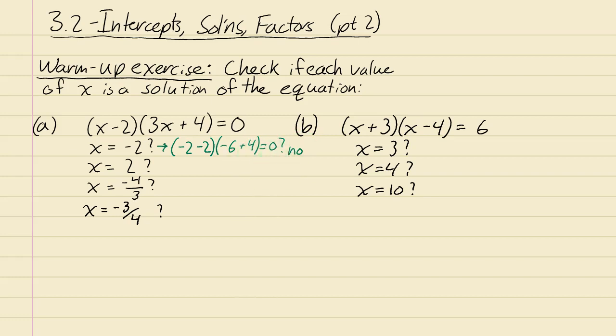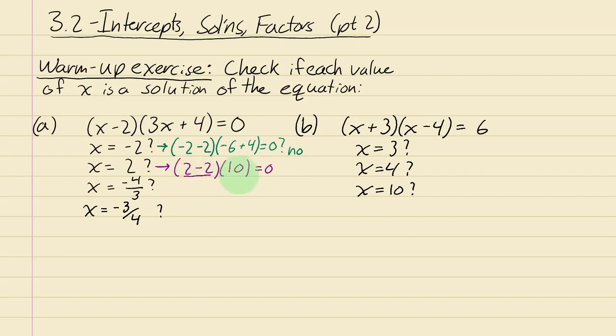Then if you plug in x equals 2 here, that's going to give you 2 minus 2 times 3 times 2 plus 4, which is going to be 6 plus 4 is 10. Is that equal to 0? Well, yeah, this is going to become 0 times 10.